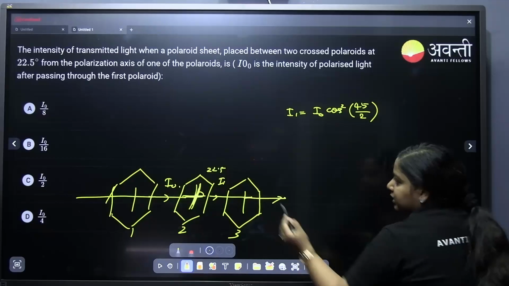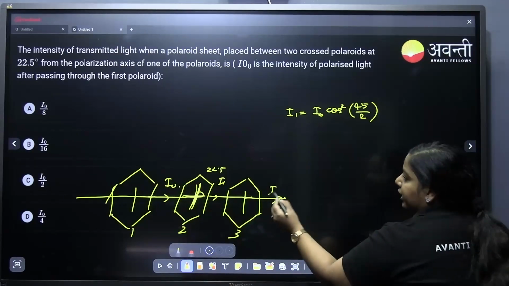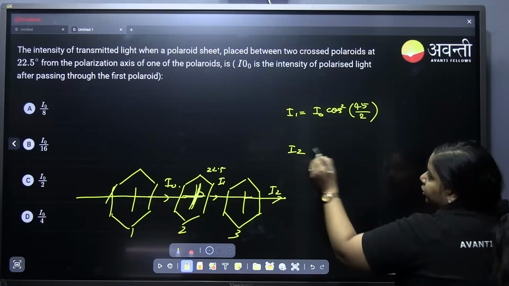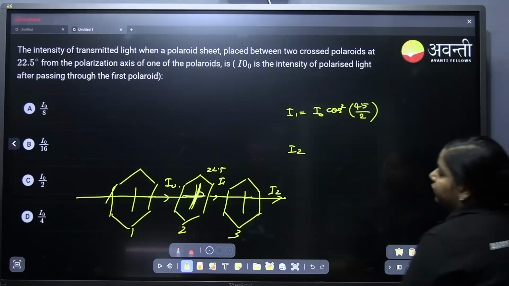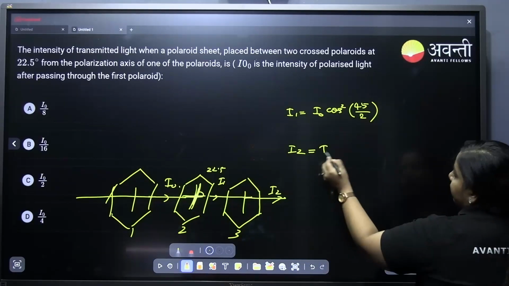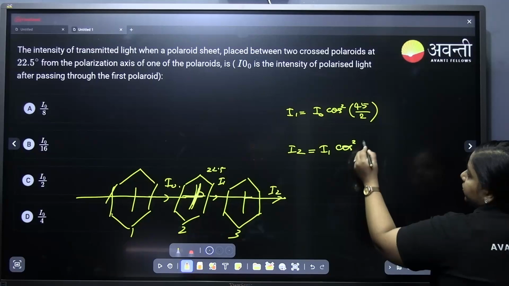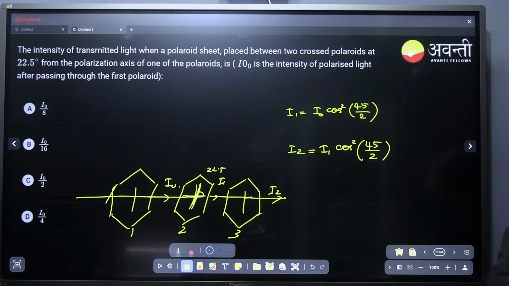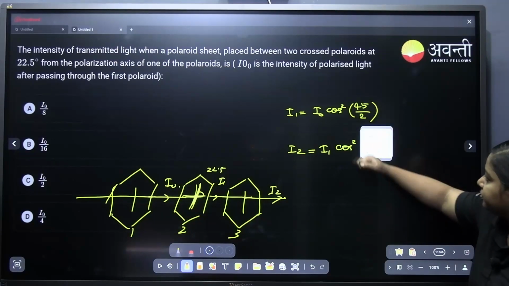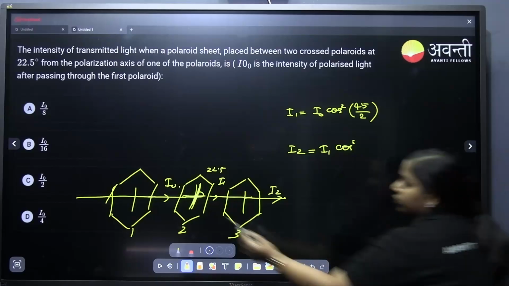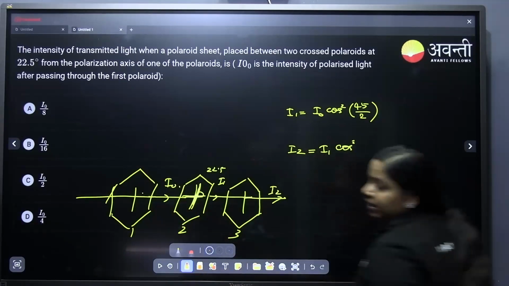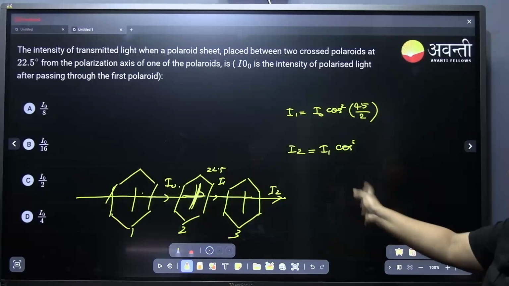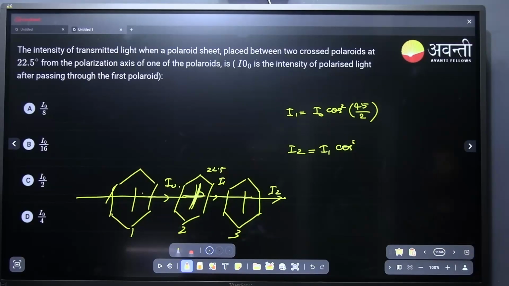Now after passing through the second one, this will be I2. I2 is what we have to find. I2 is equal to I1 cos square 45 by 2. Okay, sorry, not cos square 45. So with this it is having 22.5 degrees. Next one, two crossed Polaroids, right?